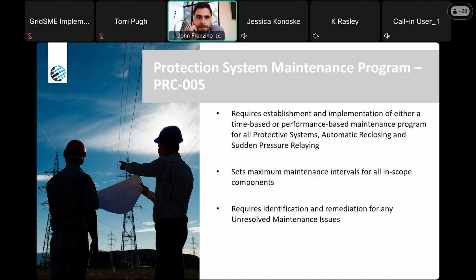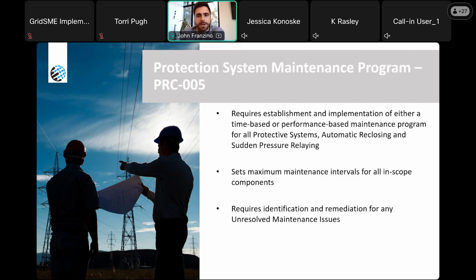As I mentioned a second ago, this is another area in which it is a generator owner requirement. They own the compliance liability and responsibility. However, since the O&M GOP is also providing boots on the ground more times than not, the O&M is going to be the one carrying out this maintenance.